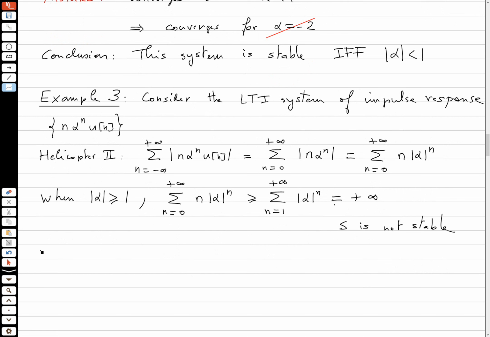Now the problem is when alpha is less than 1. So you want to look at this. Oh, sorry, mistake. All right, so now I have to return to this. Is that going to diverge or to converge?